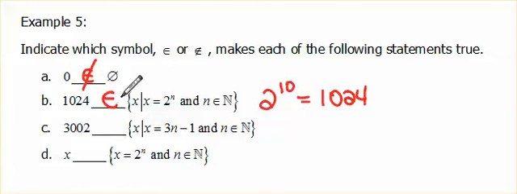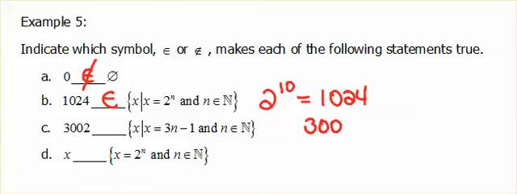Now then, for the next one, again, we probably had to do a little bit of thinking here. It says 3002, is it an element or not, of the set of all x's such that x is equal to 3n minus 1, and again, n is a member of the natural numbers. Well, to see that, we probably need to set up an equation and see if it's true.